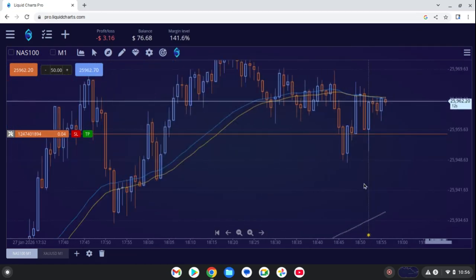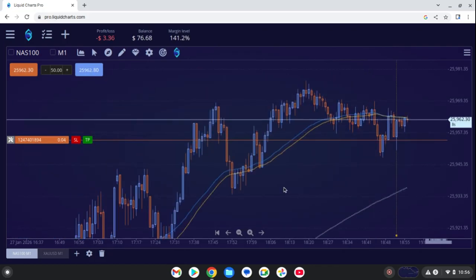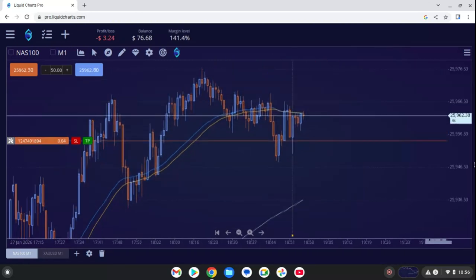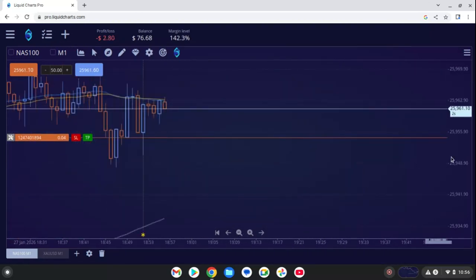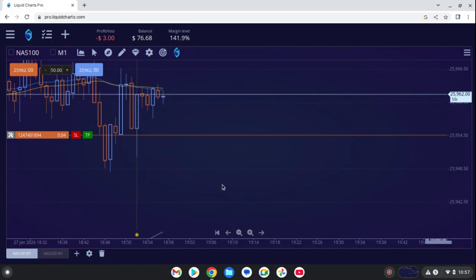Does this make sense? I think I gave you enough information where you can see what's going on. And also, I think you see the benefits of using a moving average crossover strategy, because it just makes sense, right? That blue moving average is still underneath the orange moving average.